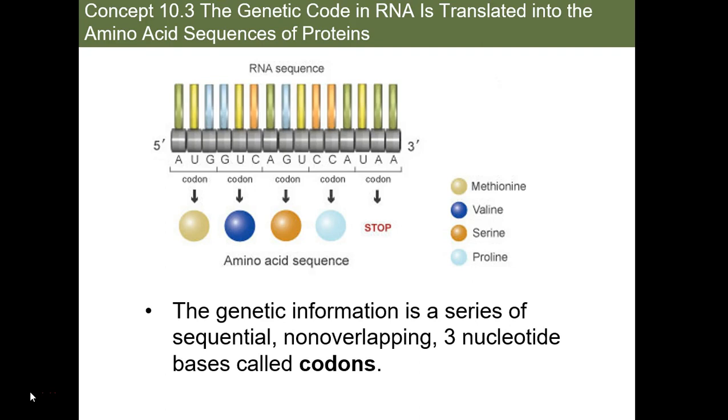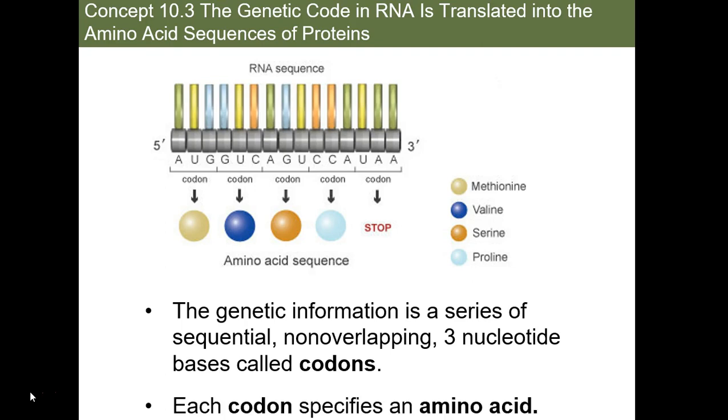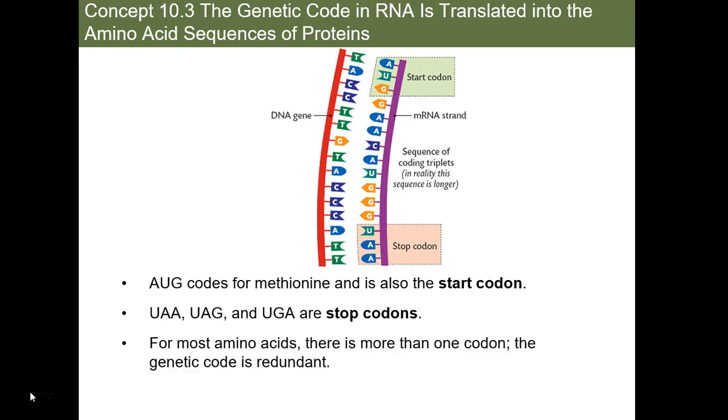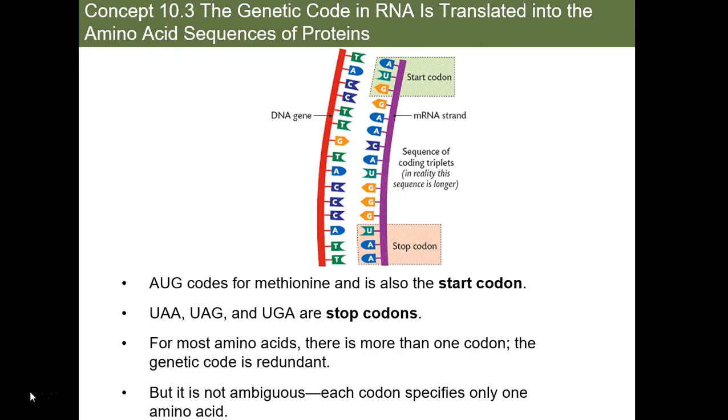The genetic information is read in a series of 3 nucleotide bases called codons. Each codon specifies an amino acid. AUG codes for the amino acid methionine and is called the start codon.